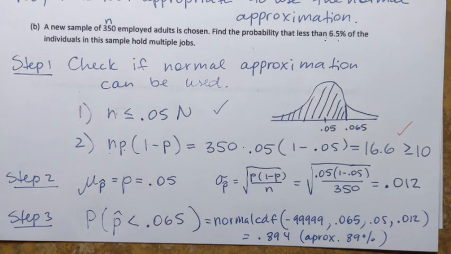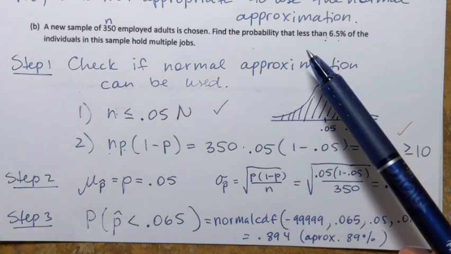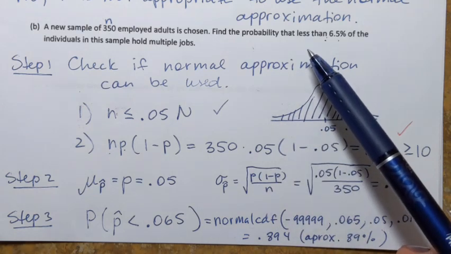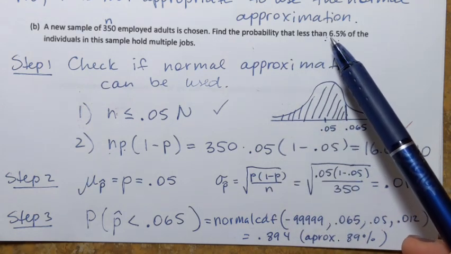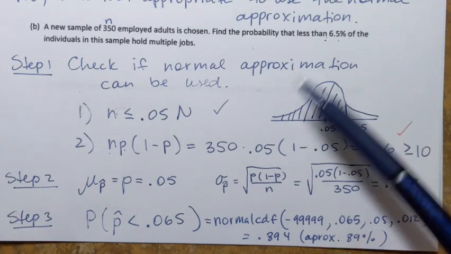If I randomly obtain 1,000 simple random samples of size 350, then I can expect that in about 894 of them, proportion of adults that have multiple jobs is going to be less than 6.5%.